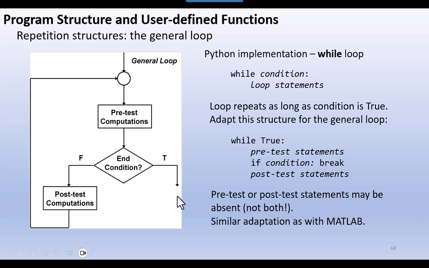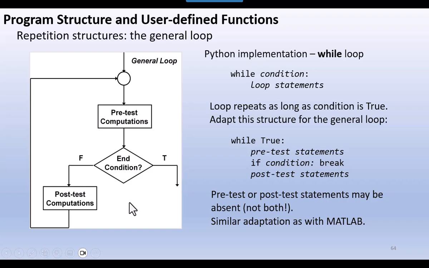And if we are, then we exit. If not, we do what are called post-test computations and loop back and do it again. All right. So obviously something has to happen with these computations that eventually make this condition true. Otherwise, we'll never get out of this loop.